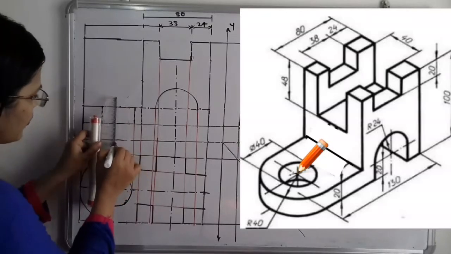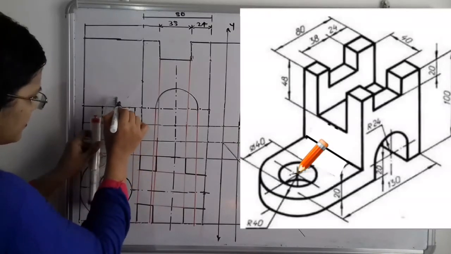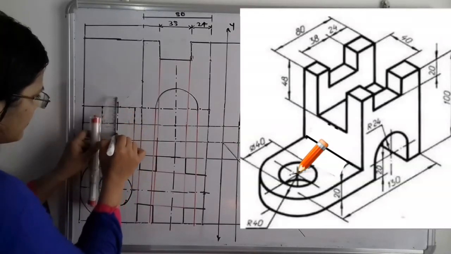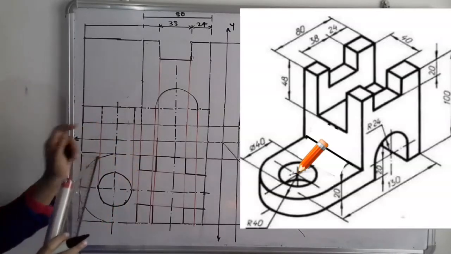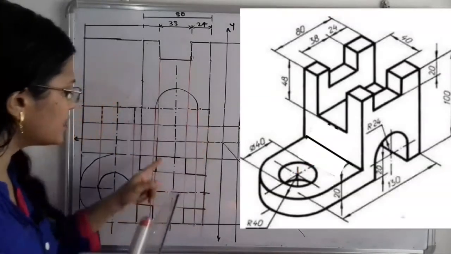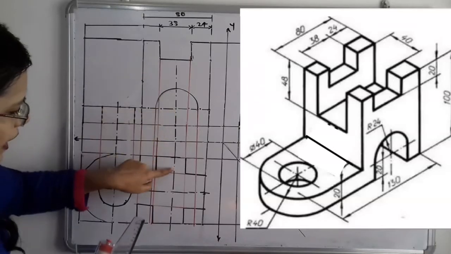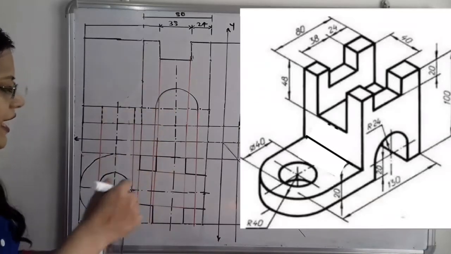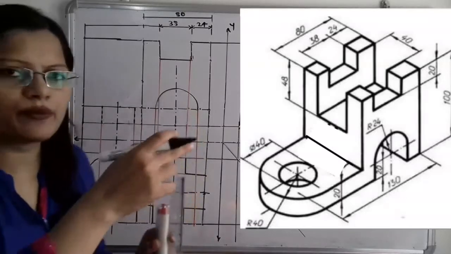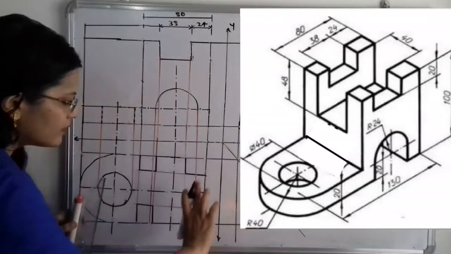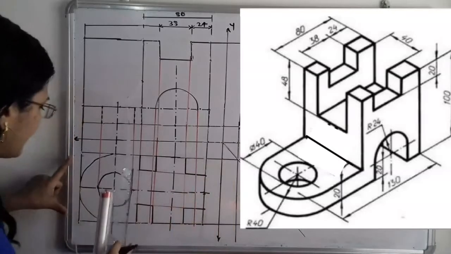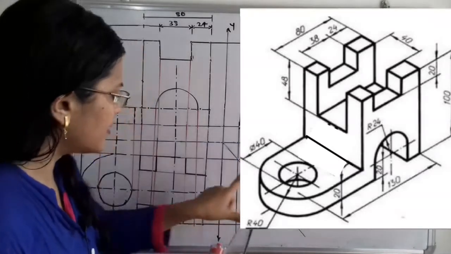So we have to also extend this center in this way. Now here is also the semicircle. So we have to extend this semicircle vertical line in the form of dash and dot, and we have to show this. This semicircle is for this whole width having 80 millimeter width.